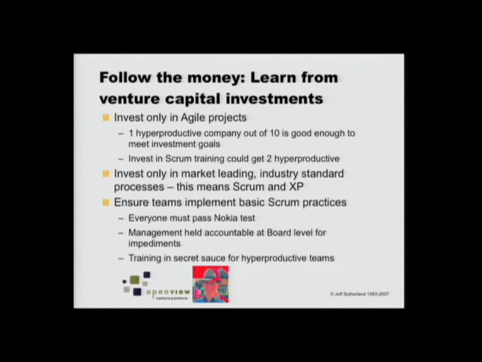And so, their goal is a venture capitalist wants one really good company. One Google and 9 failures that's a win for a venture capital company. And they think Scrum might take it to 2 and only 8 failures. That means that their portfolio would be twice any other venture capitalist portfolio gain. That would be hugely successful.